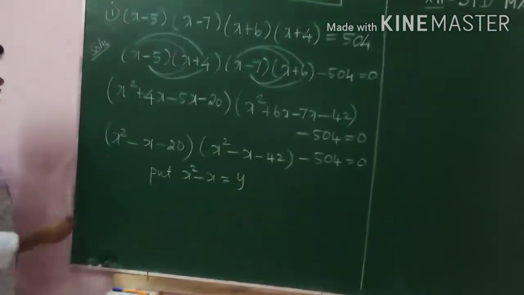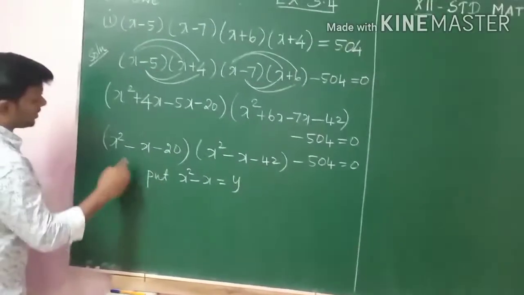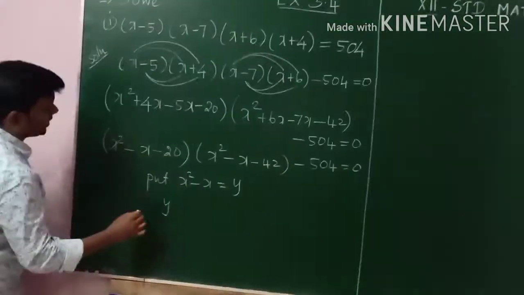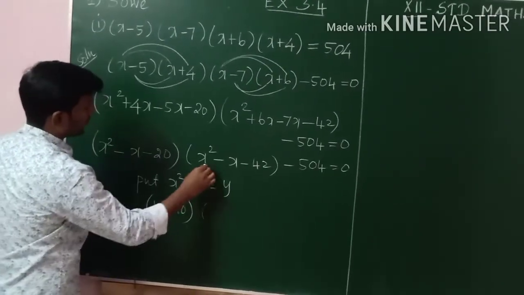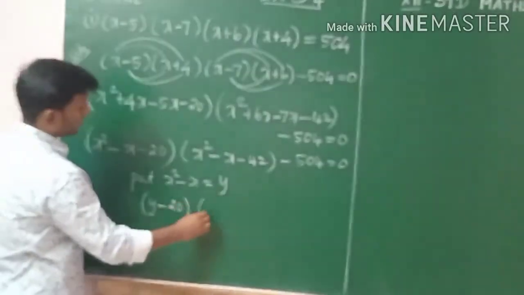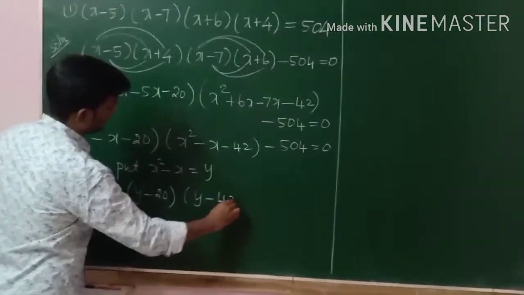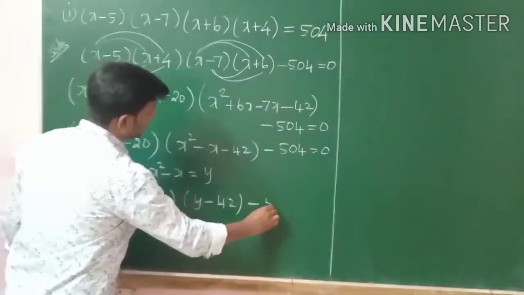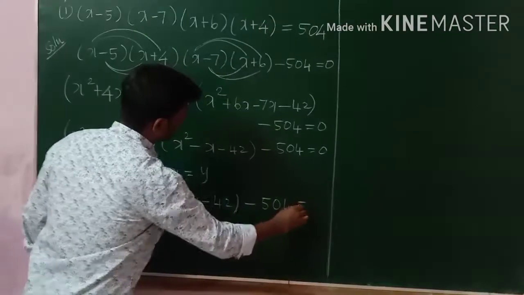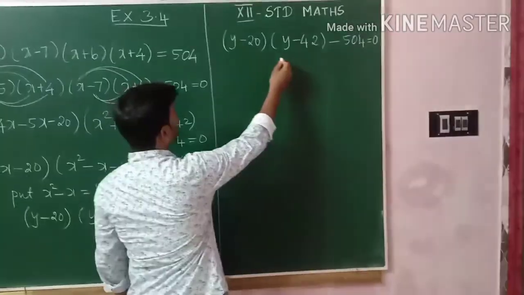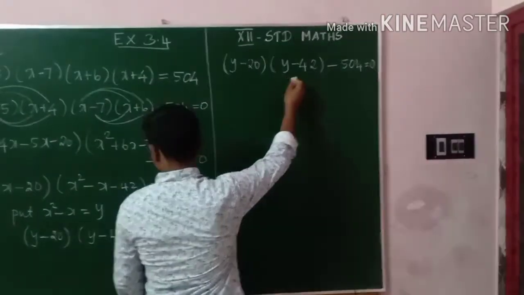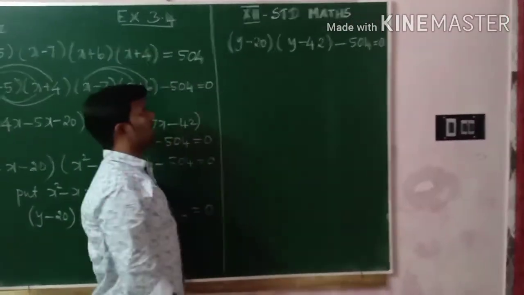So if you take like this, what will you get? This x square minus x, we can write this as what? y minus 20 into, here also x square minus x, we can write it as y. So y minus 42 minus 504 equal to 0.